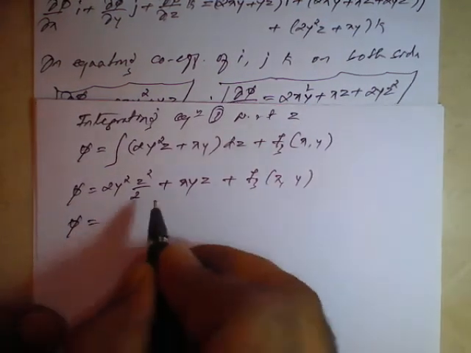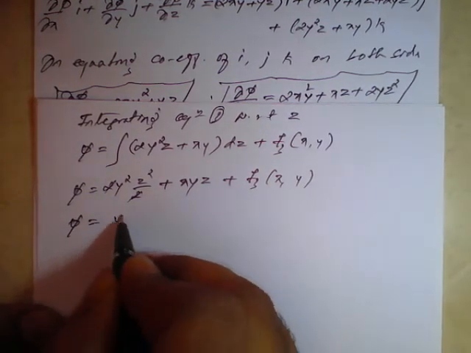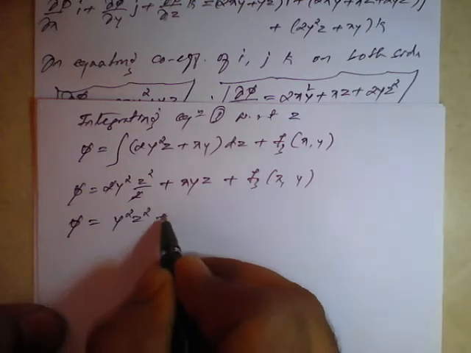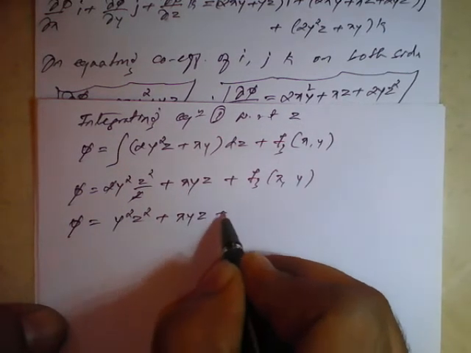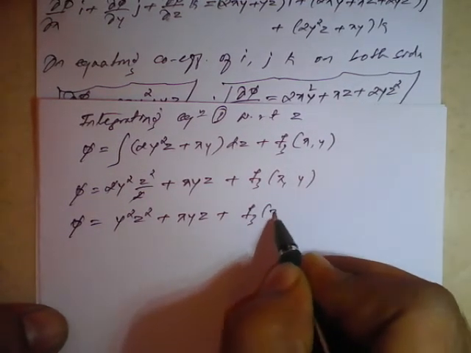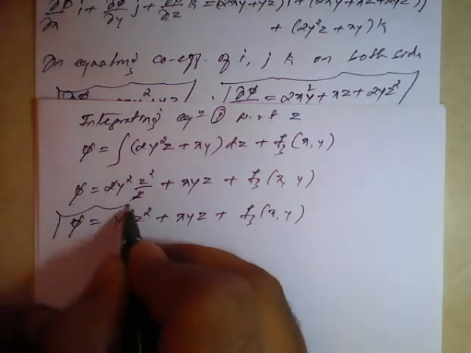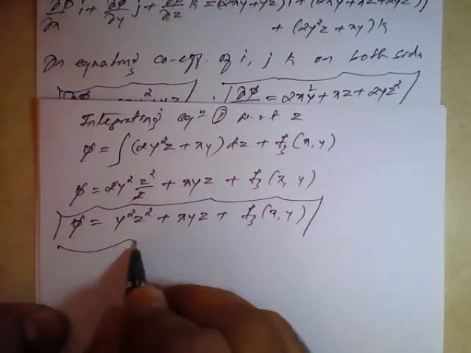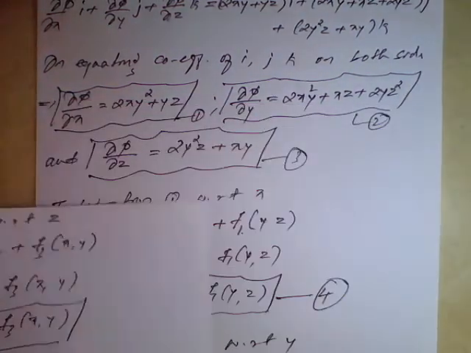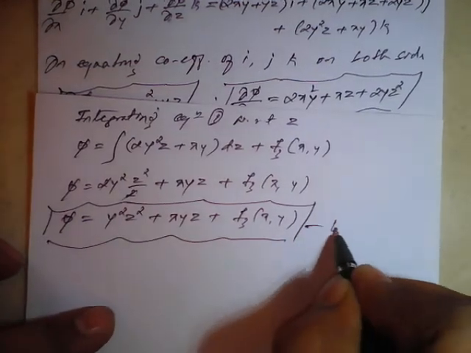So on simplification, the 2 cancels, so phi is equal to y square z square plus xyz plus f3 of x comma y. So this is equation number 6.